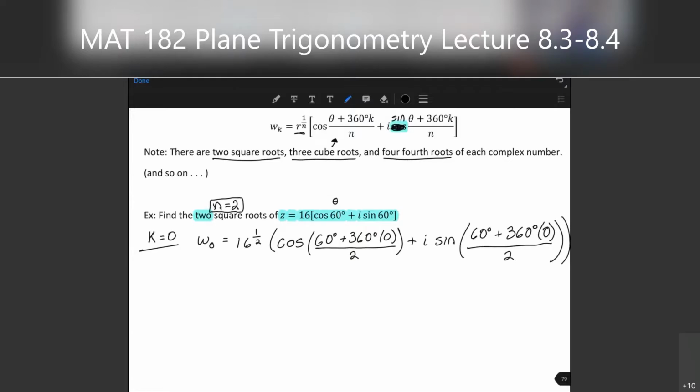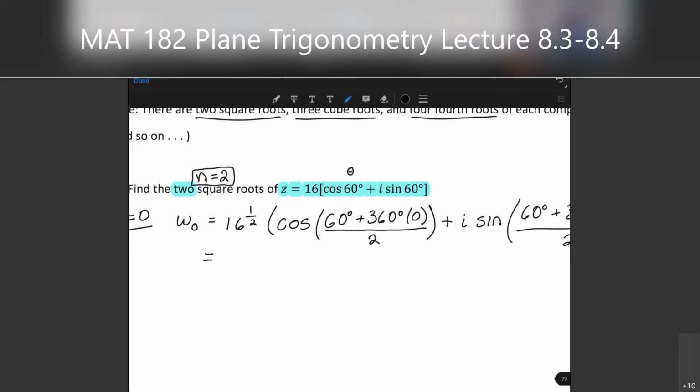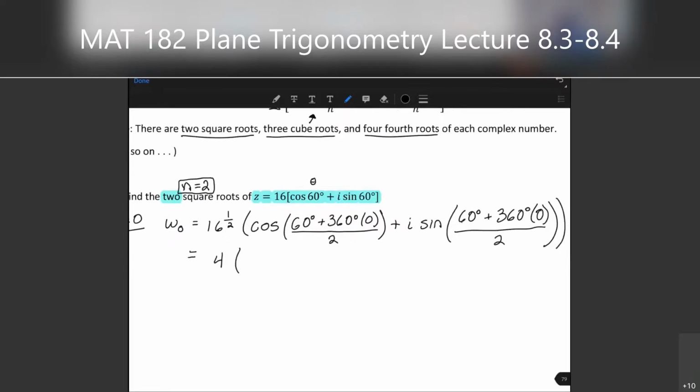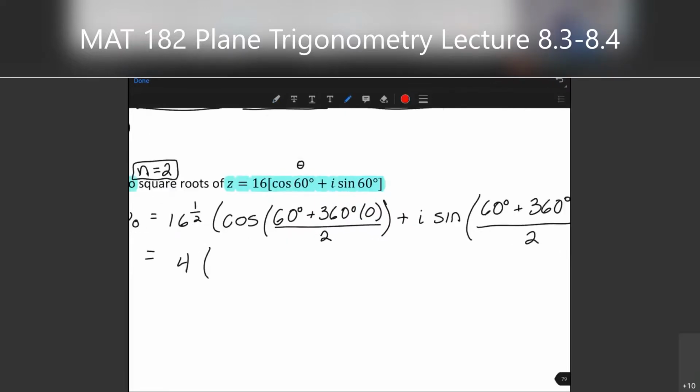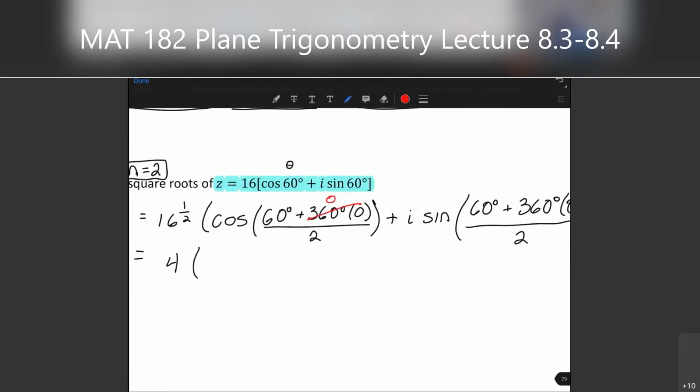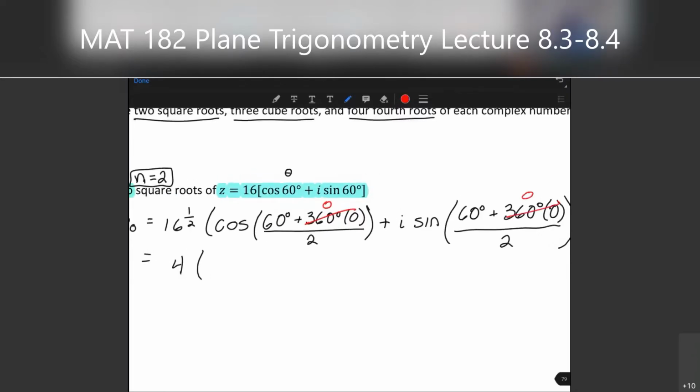So this has maybe just a little simplification to do to find our first root. So the square root of 16, or 16 to the 1/2 power, will give us 4. And then if we consider the arguments here, 0 times 360, that just gives us 0 in both cases. And 60 divided by 2, that's going to be 30 degrees.